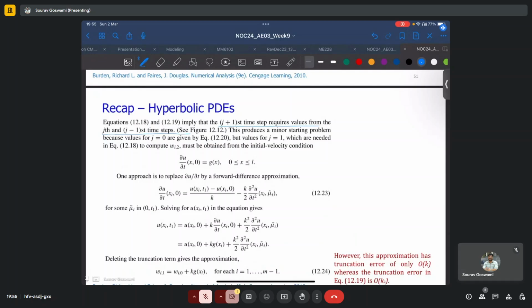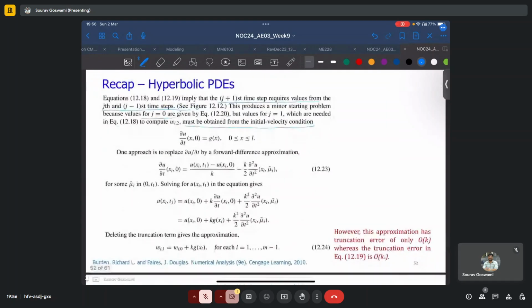Now the values for j equal to 0 are given as initial conditions, but values for j equal to 1, which are needed to compute at j equal to 2, must be obtained from the initial velocity condition as we just discussed. Again, after further simplification, things take the form of equation 12.24, w i1 equals w i0 plus k g of x i, for each i equals 1 to m minus 1.